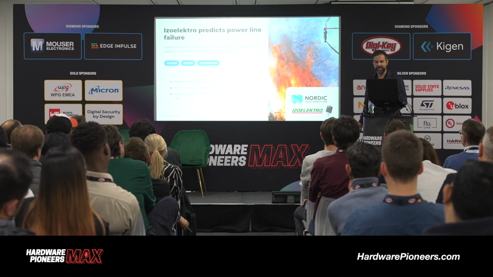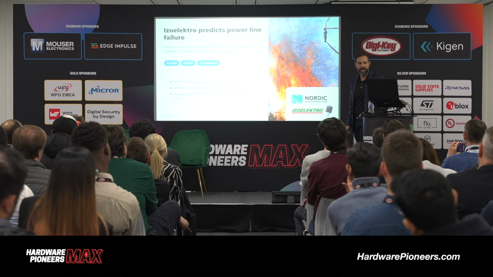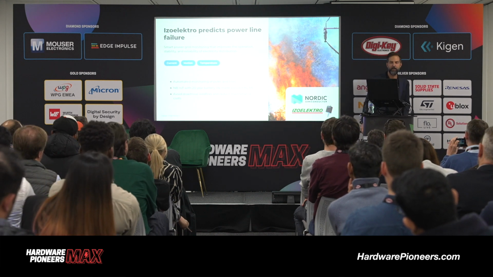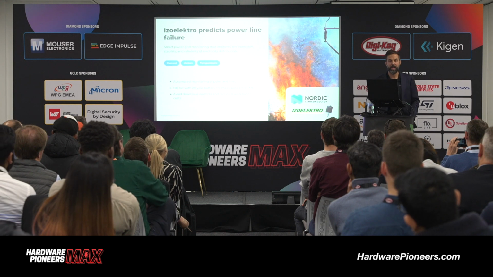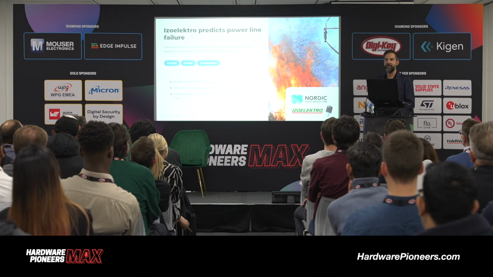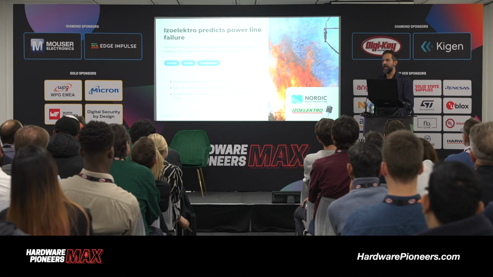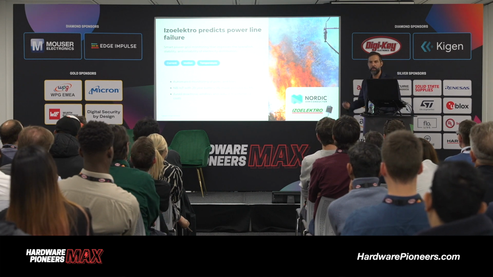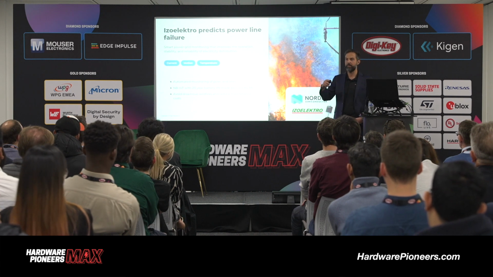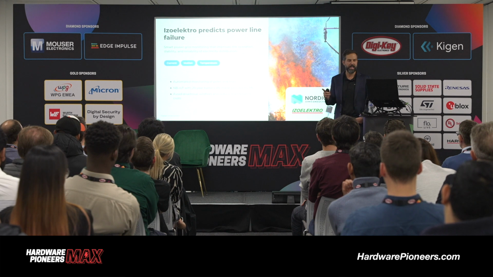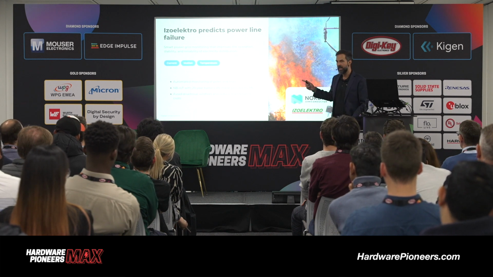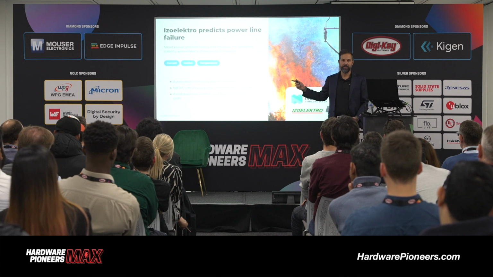Another interesting use case we've developed with Isoelectro, a provider of power lines in East Europe, is power line failure monitoring. Again, predictive maintenance on power lines. What's interesting here is that, going back to some of the reasons why you would think about doing things on the edge, we've managed to deploy a device using NB-IoT that has 20 years of battery life in the field, right?